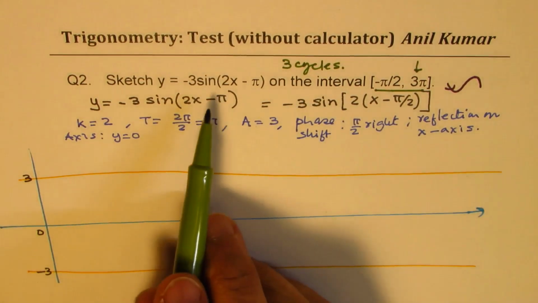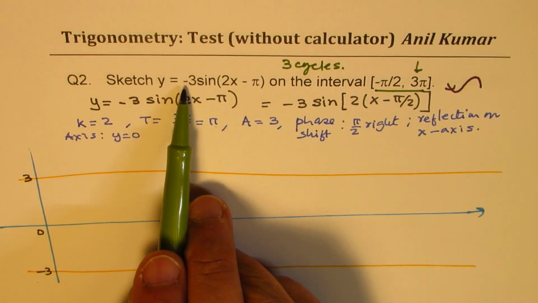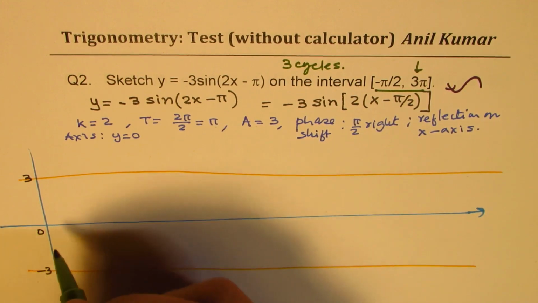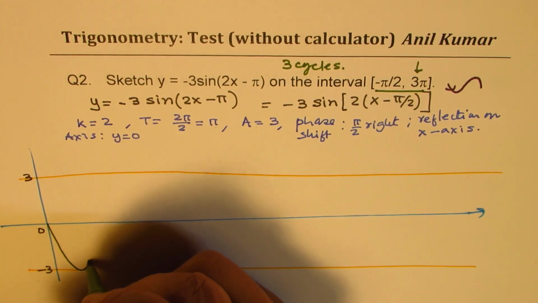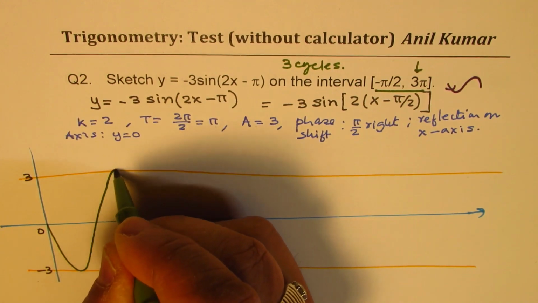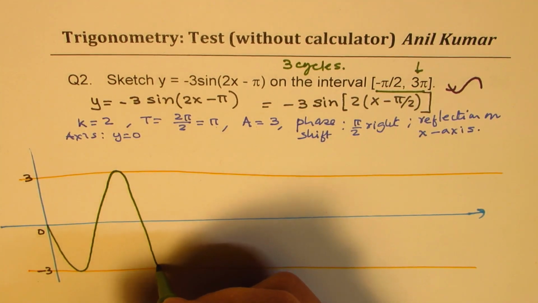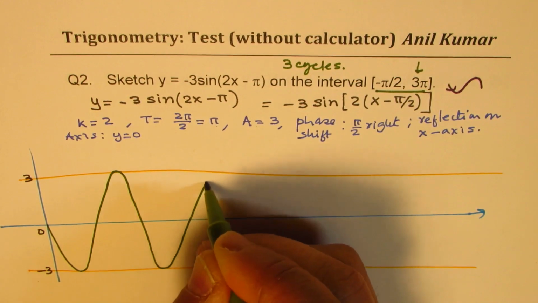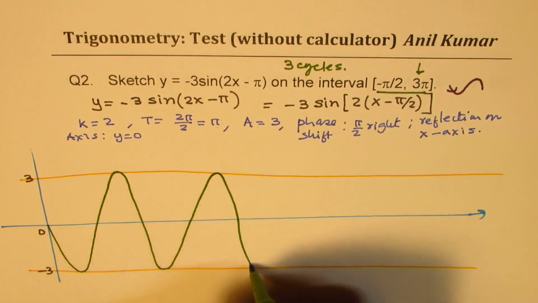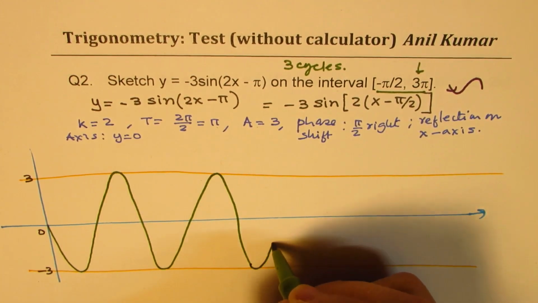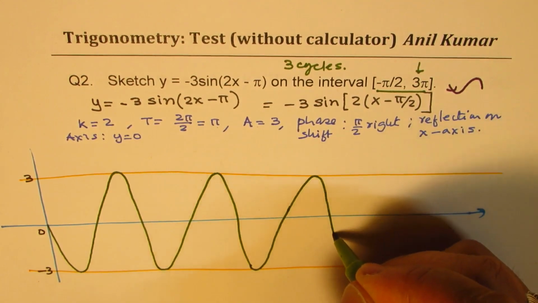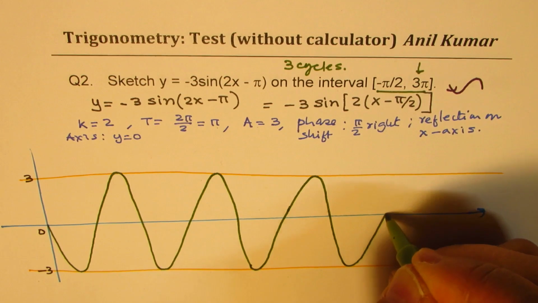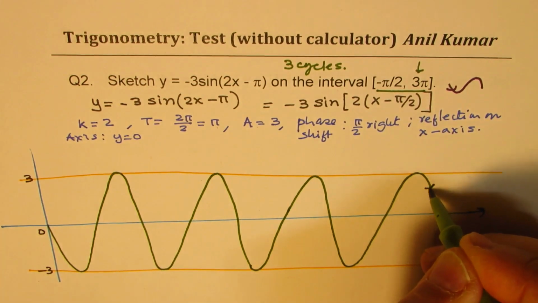Since it is reflected on the x-axis, I'll first sketch 3 cycles going like this. That's the first cycle. Second cycle. This is the third cycle, right? I'm just extending, correct?